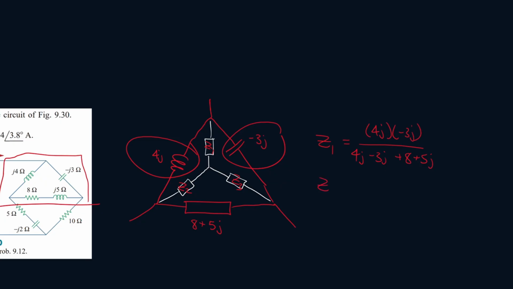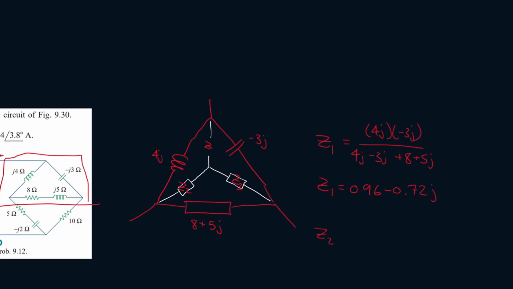Solving manually or using a calculator, I get 0.96 minus 0.72j. That's the value for Z1.